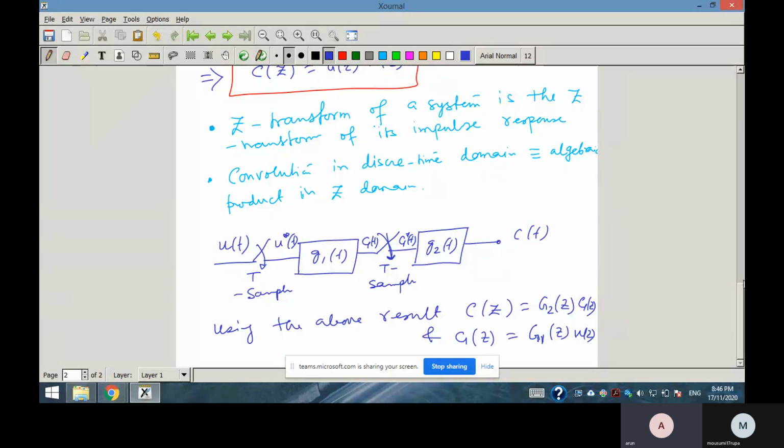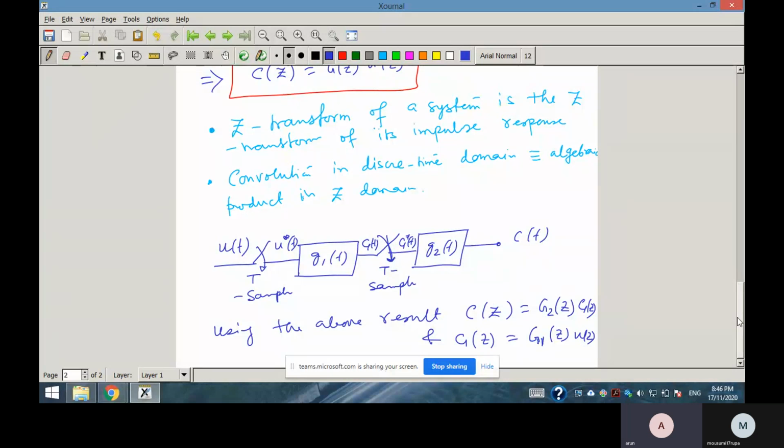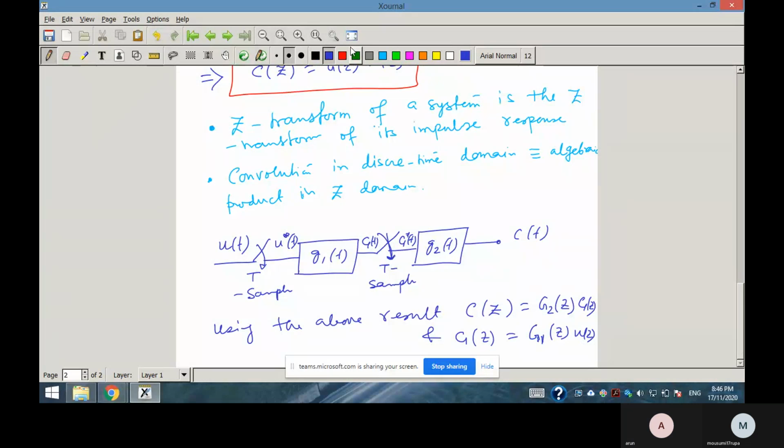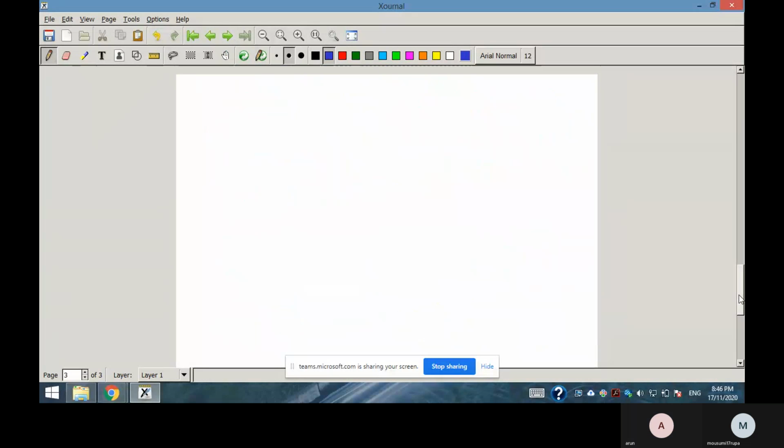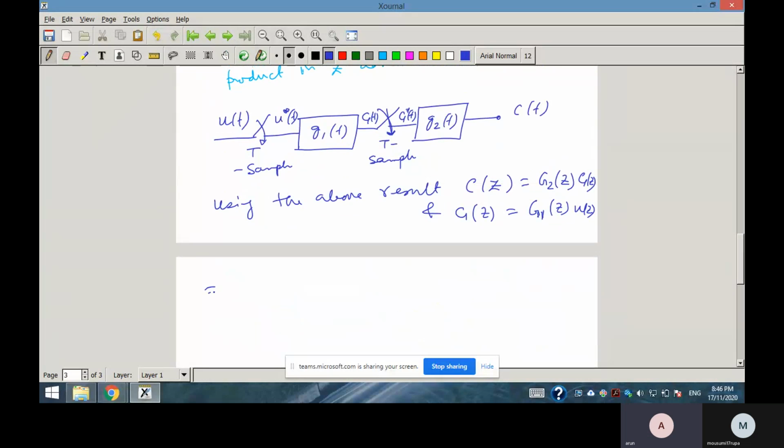So this implies Cz equal to G2z into G1z into uz.